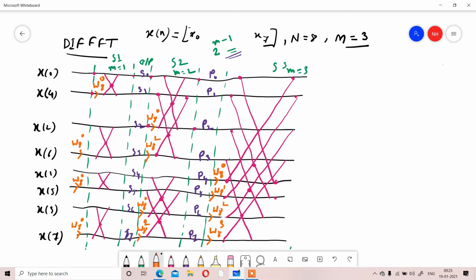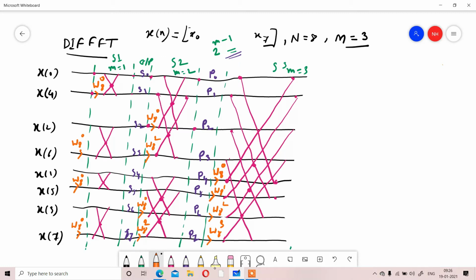So what you need to do, first calculate S0 to S7. After calculating S0 to S7, you need to calculate P0 to P7. After getting P0 to P7, finally you need to calculate capital X0 to capital X7.